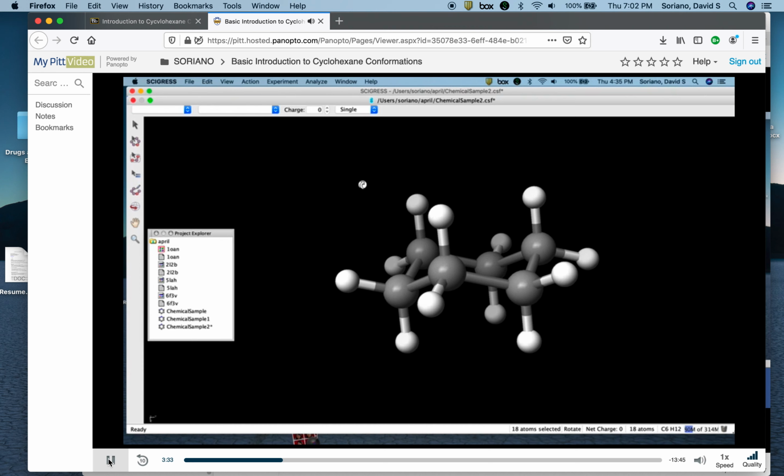Now, it turns out by doing that, you're minimizing torsional strain, eclipsing of vicinal or adjacent sigma bonds, one sigma bond eclipsing another in a torsional angle of 0 degrees, dihedral angle 0 degrees, that's torsional strain. You're eliminating steric strain.